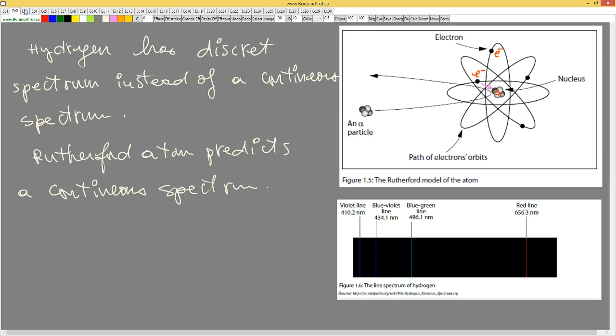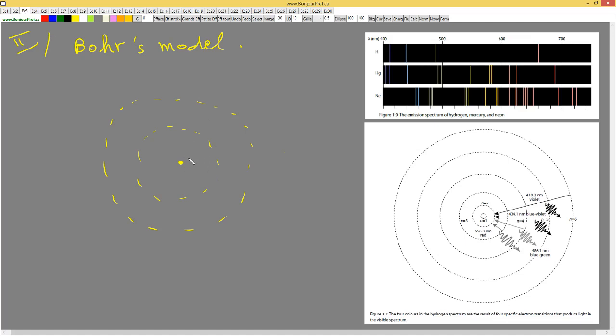They are circular. The electron cannot be anywhere. It has only some orbits that are allowed to it, and it is orbiting in these orbits. Once the electron is in these orbits, even if it is charged, even if it is moving, it will not radiate. It will not lose energy. This is the Bohr model.